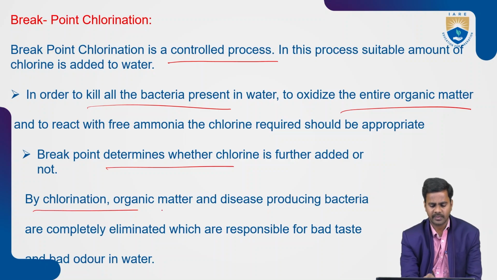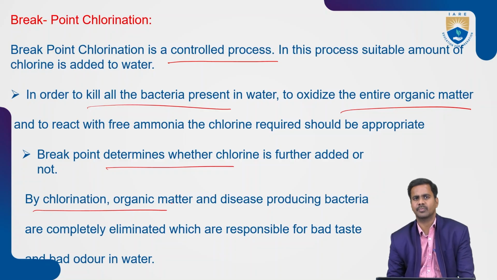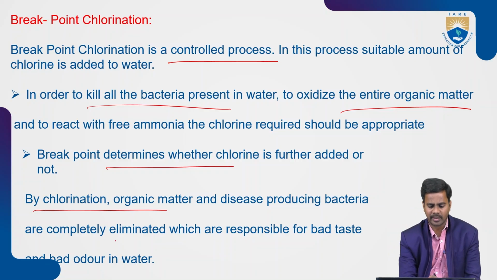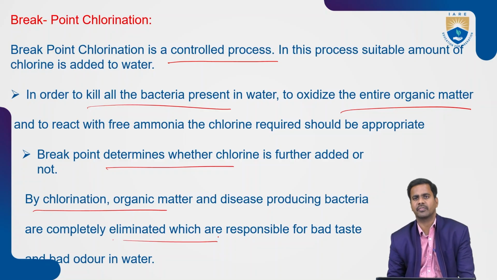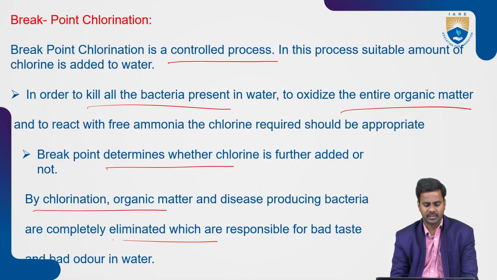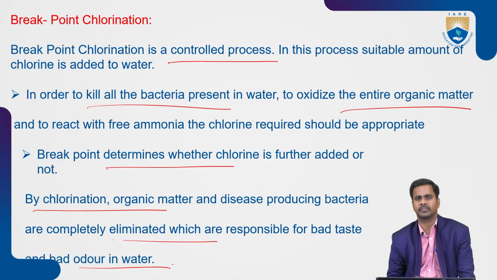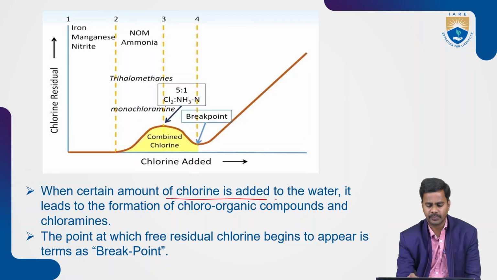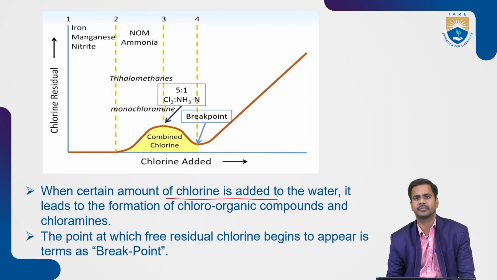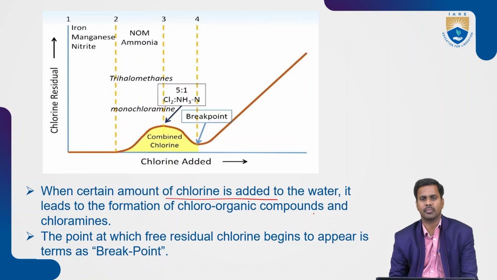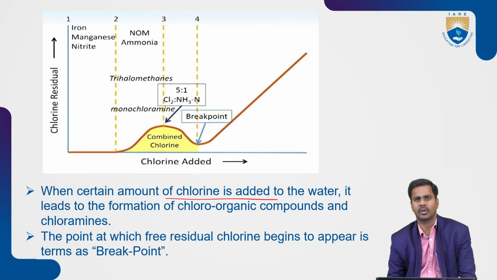By chlorination, organic matter and disease-producing bacteria are completely eliminated, which are responsible for bad taste and bad odor in the water. When a certain amount of chlorine is added to the water, it leads to the formation of chloro-organic compounds and chloramines.